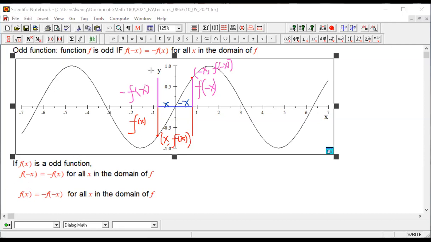This statement is saying these two are equal. That's what they're saying. So negative of f of x is the same as f of minus x. When the inputs are opposite, the outputs are opposite as well, using the mathematical notation.